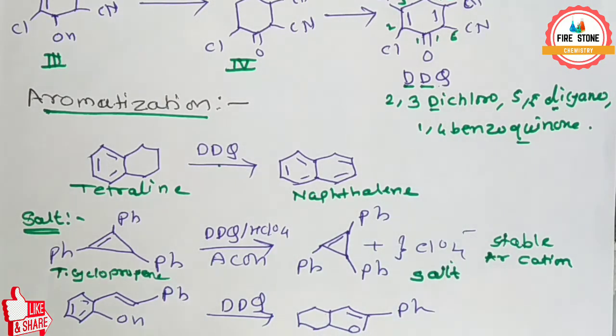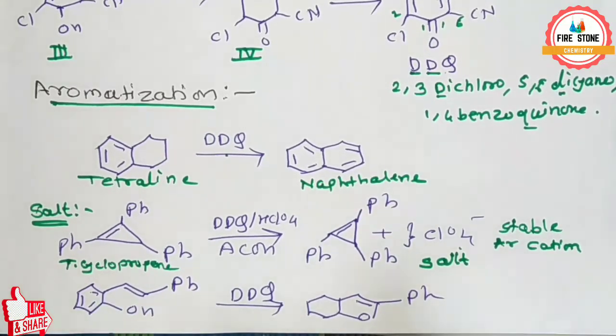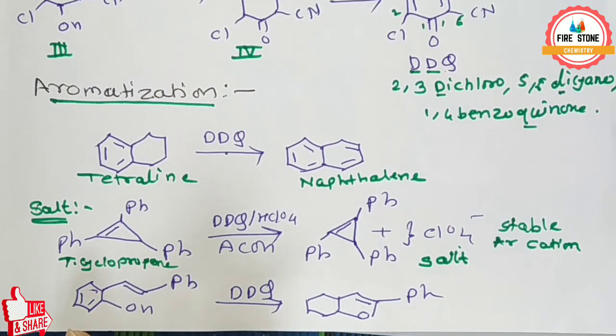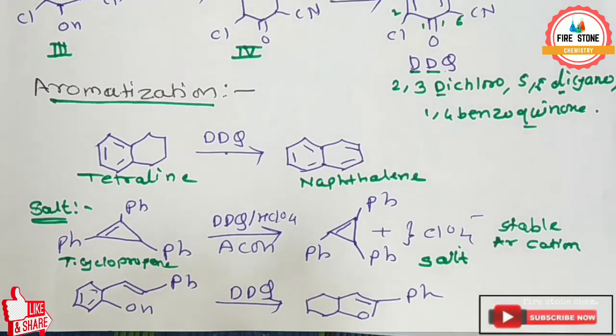Again, the third application is oxidative cyclization. Here DDQ is especially useful in cyclodehydrogenation of phenolic and carboxylic acids. So DDQ is most important and useful for cyclodehydrogenation.